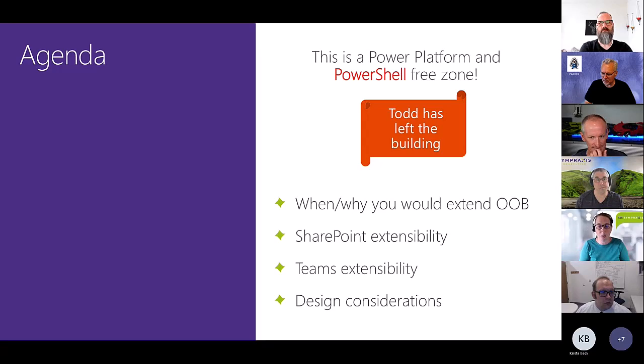And as always, if you have any questions or comments, you can use the raise hand feature, you can come off mute, you can put things in the chat, and we'll address them. And Stefan is going to wrap that extensibility story up with some design ideas or tips so that you can think about design when you're building those extensibility solutions.